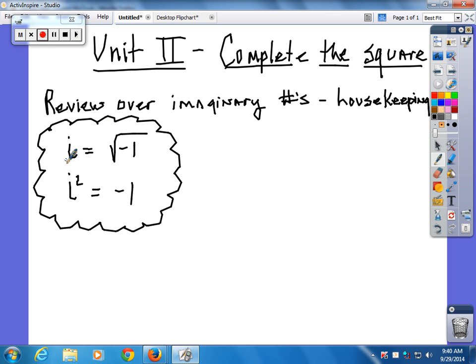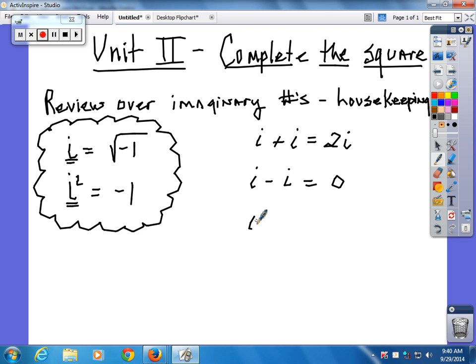And when you have i, you can do the same thing as you can with x. And that's why you do this. This is just for housekeeping. Instead of this, it's better to deal with this. And that's why we do it, pretty much. You can take i plus i and get 2i. You can take i minus i and get 0.